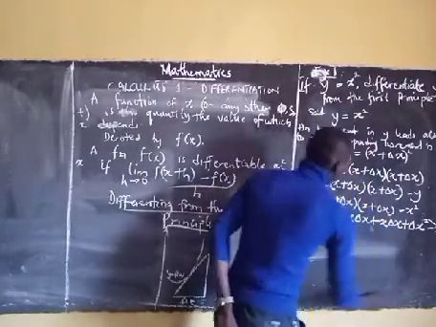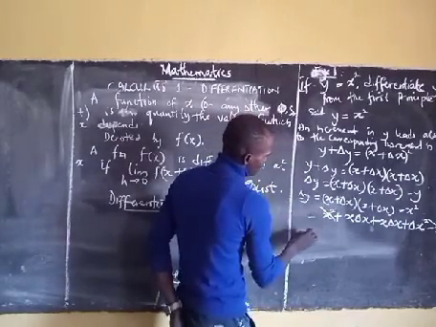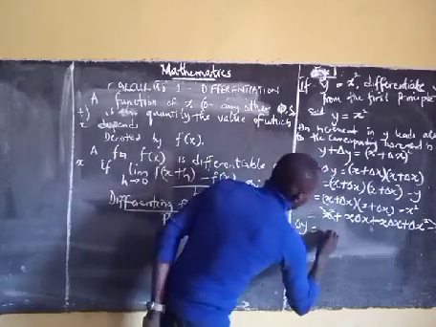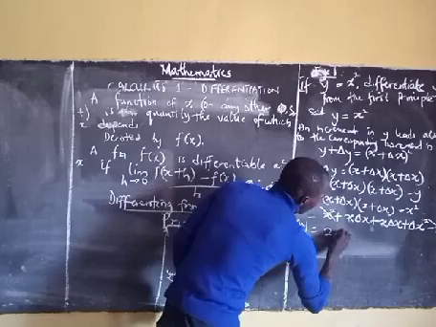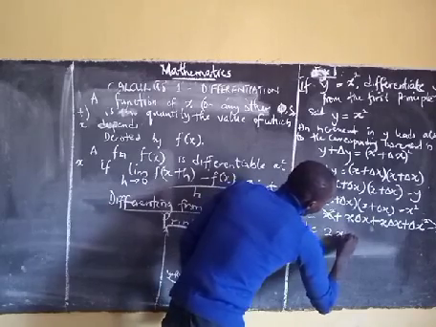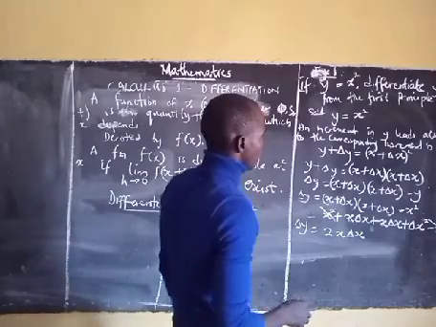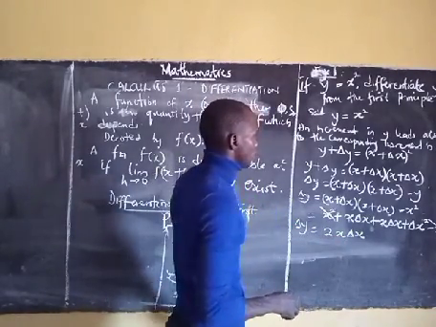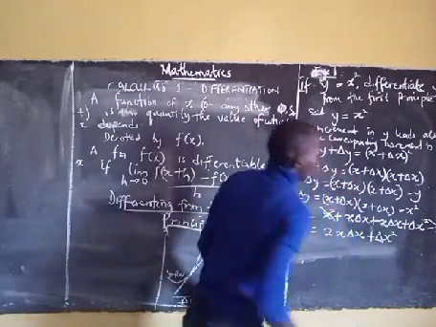Definitely, x squared cancels x squared. So we have change in y equals 2x change in x plus change in x squared.